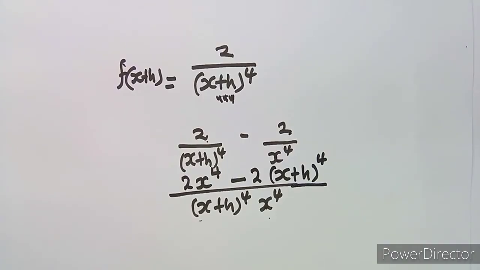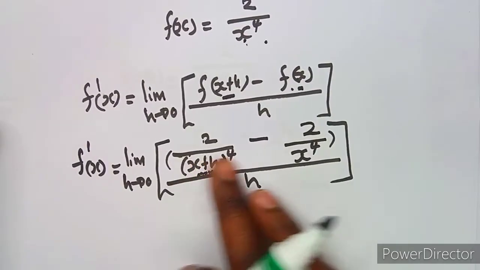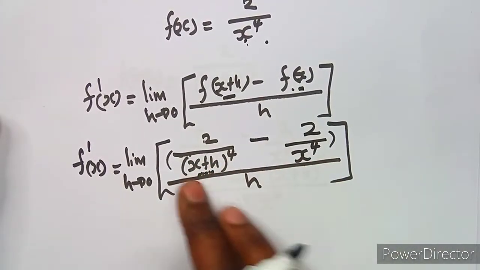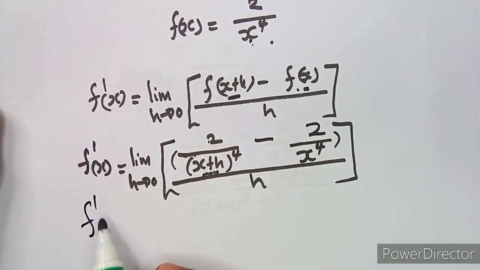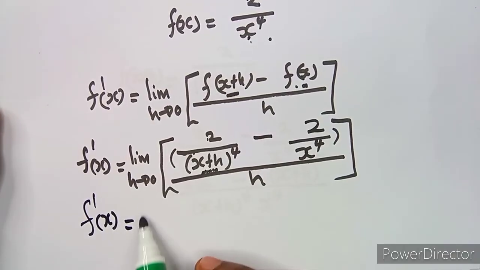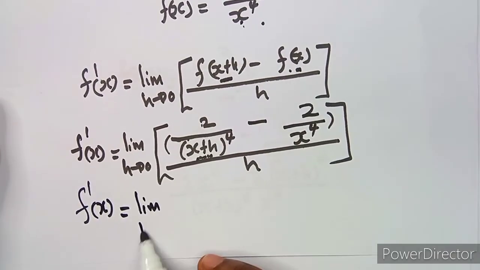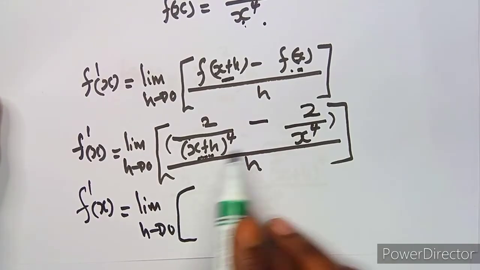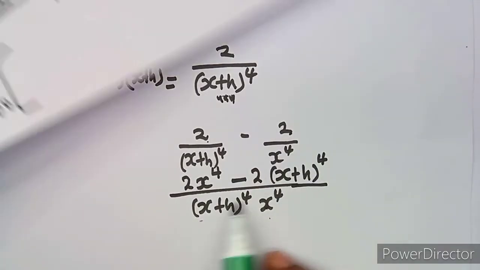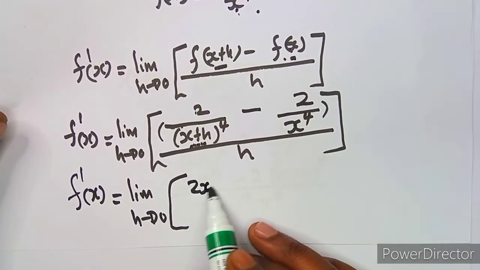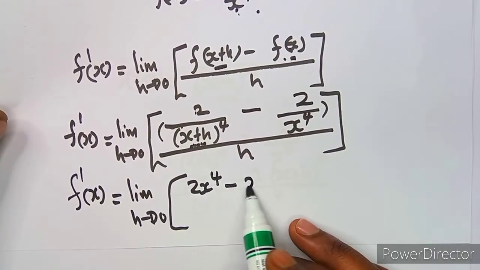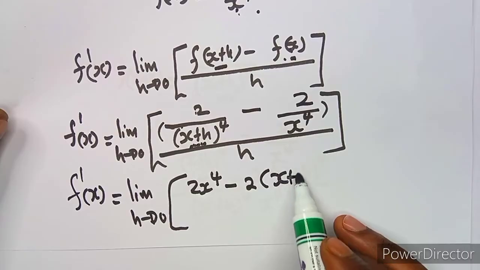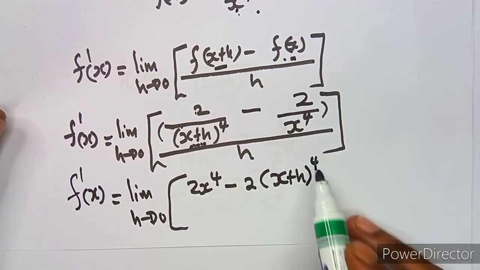All right. So it means that this whole part that we are seeing here, when you combine, is going to be something like this. The limit as h approaches 0 of, we combine these two and we obtain this part here, which is 2x to the exponent of 4 minus 2 into (x plus h) to the exponent of 4.